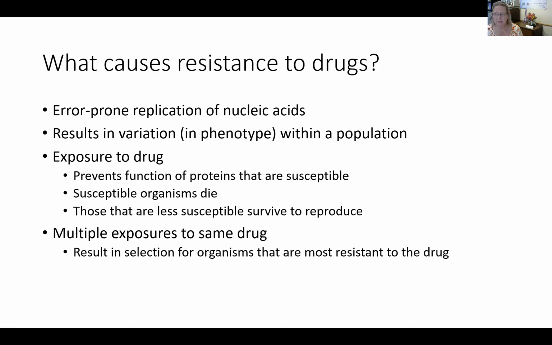Then when you're exposed again and again to that same drug, you're continually selecting for those organisms that are most resistant to the drug. And so over time you get drug resistance.